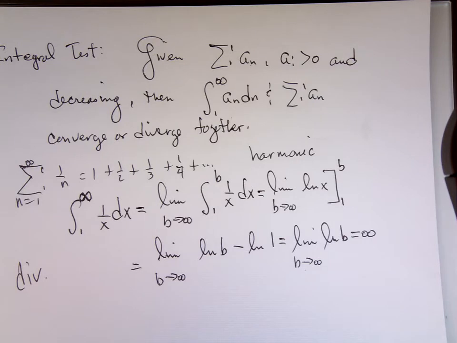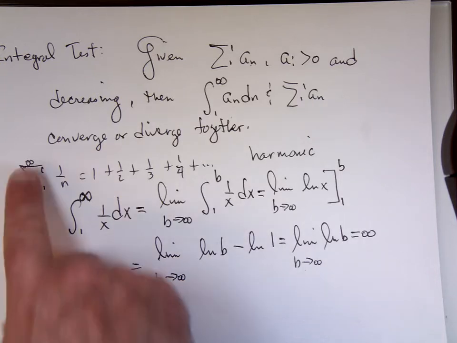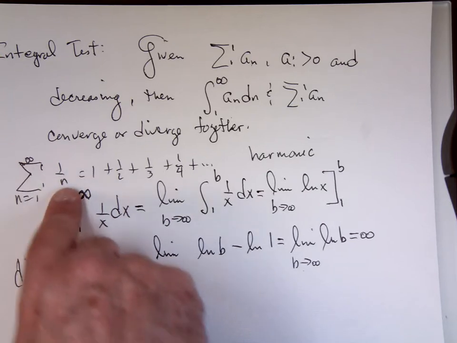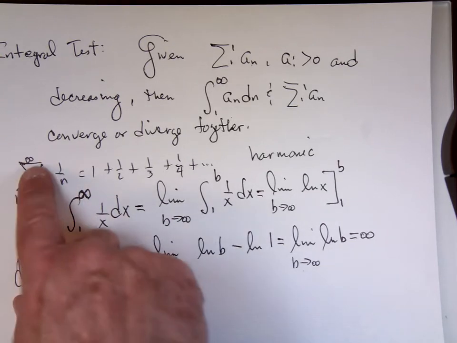Correct. Now, it's amazing that the harmonic series diverges. If you do this in Mathematica, take n equals 1 to infinity, it'll tell you it diverges. But if you take 1 to 1,000, you'll get an answer.